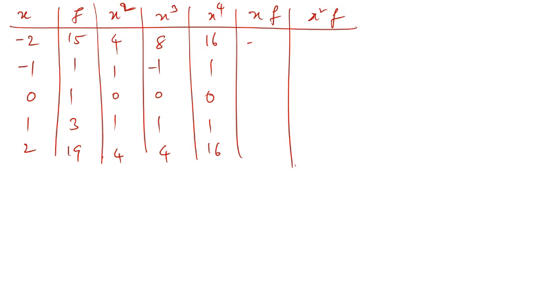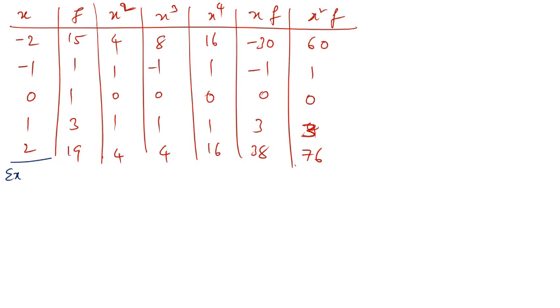X into f -30, -1, 0, 3, 38. X square into f 60, 1, 0, 3, 76. Now find all the summation.